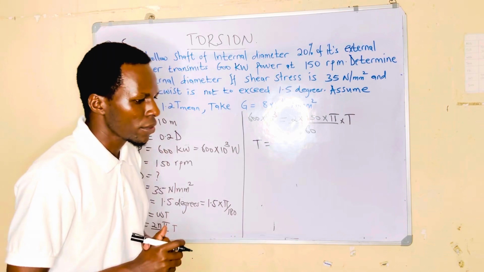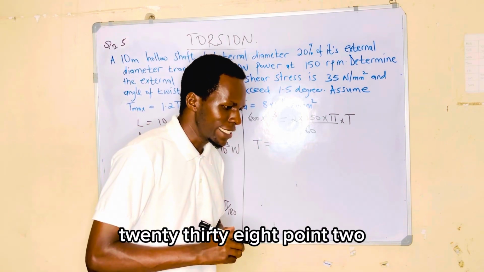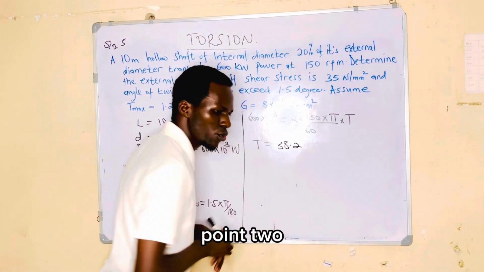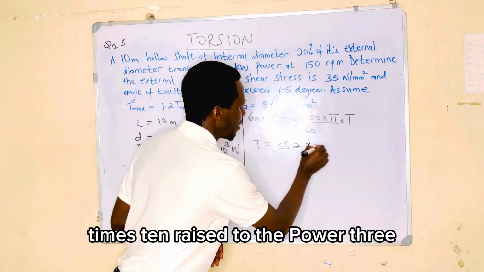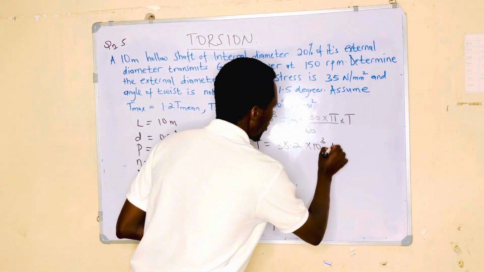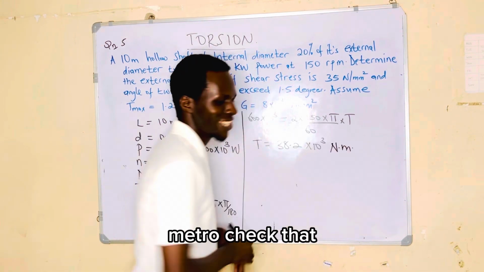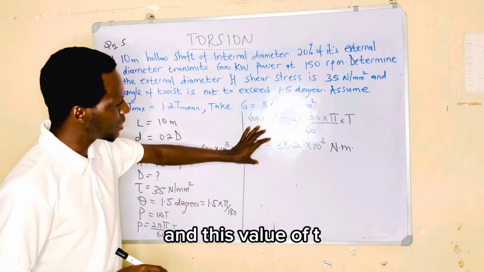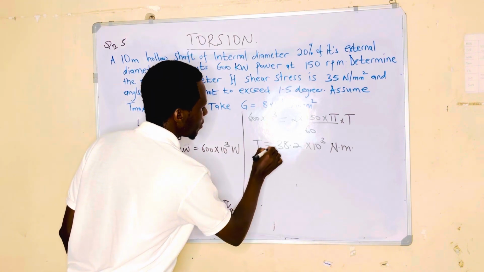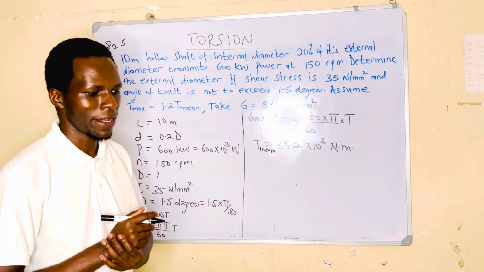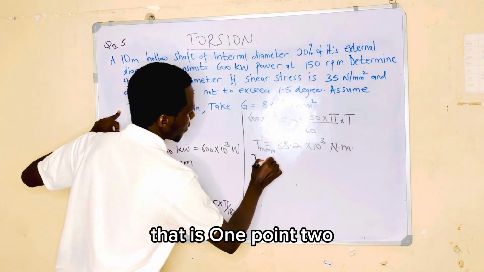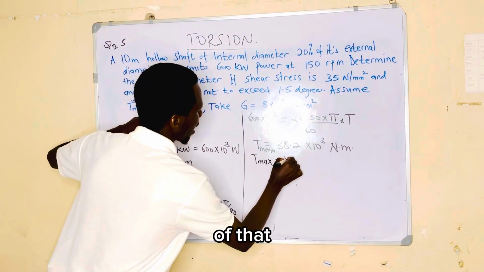I am getting 38.2, I mean, not 28, 38.2 times 10 raised to the power 3. The unit is Newton meter. Check that. This value of T is equivalent to what we call T minimum. But our expression for T maximum is given as 1.2 of that.